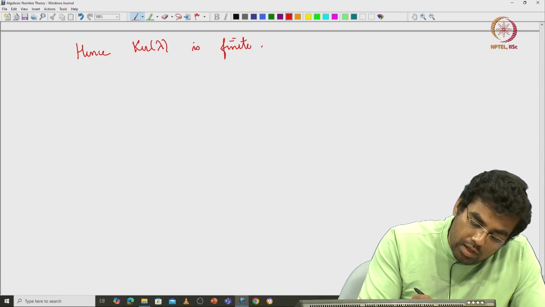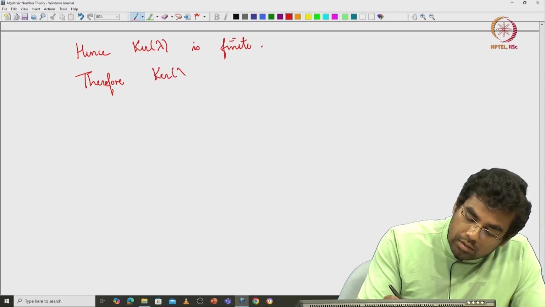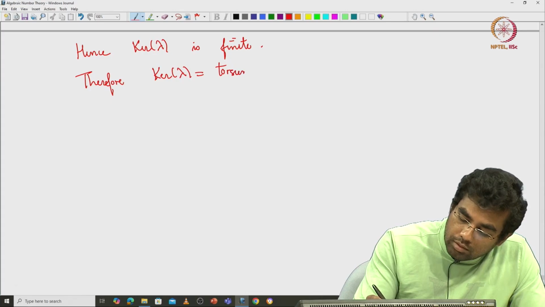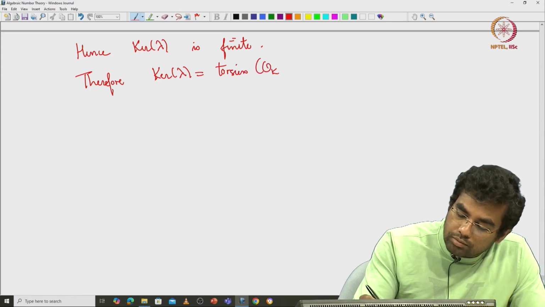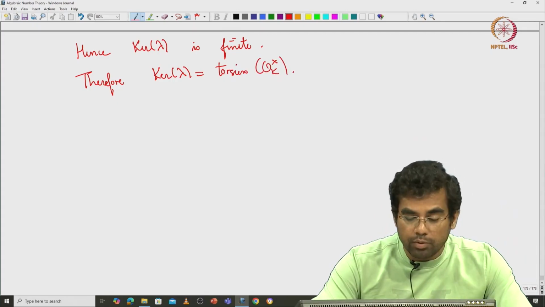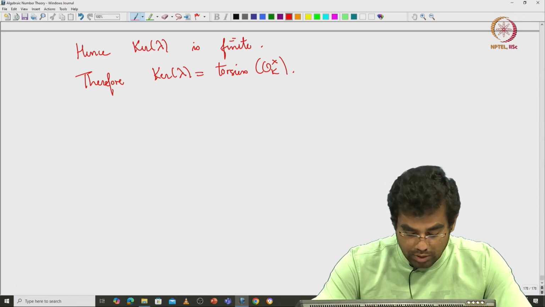Therefore, the kernel of lambda is equal to the torsion in OK cross. All right. So, that is how we prove that the kernel of lambda is finite and is the torsion of OK cross.